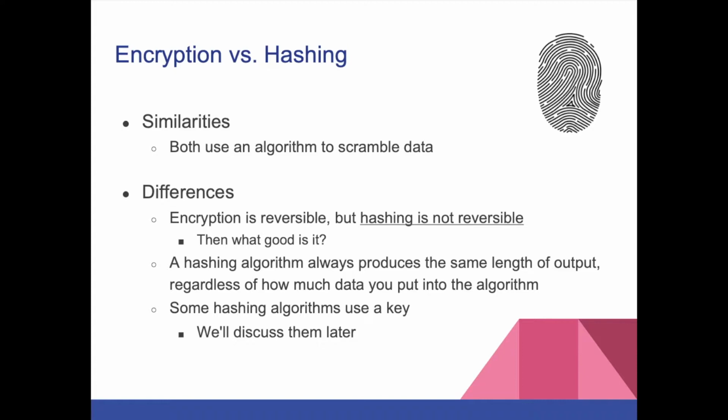If you modify the input, even just by changing one letter or even just one bit, the hashing algorithm will spit out a completely different fingerprint. So, the idea is that two different inputs will not produce the same fingerprint or output.